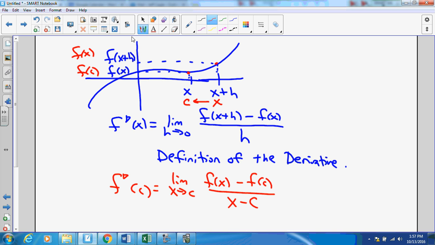And when we do, what we get is f prime of c. If you compare these two forms right here, although they look very different from each other, nevertheless, they are saying exactly the same thing. We're setting up delta y over delta x in both cases, and we're letting delta x go to 0.